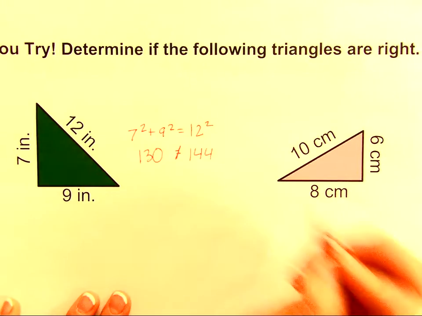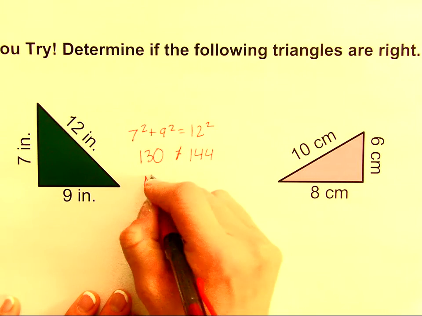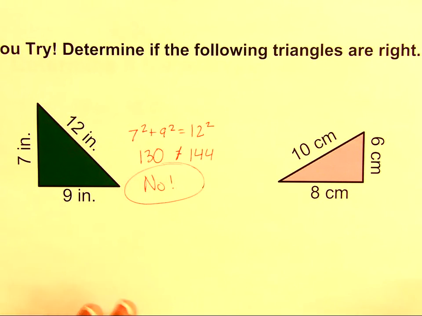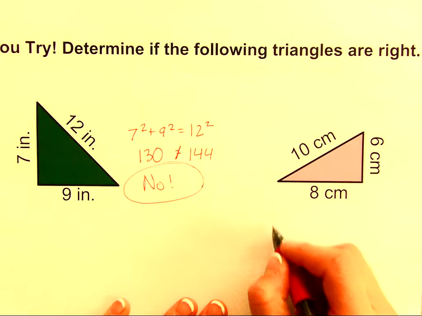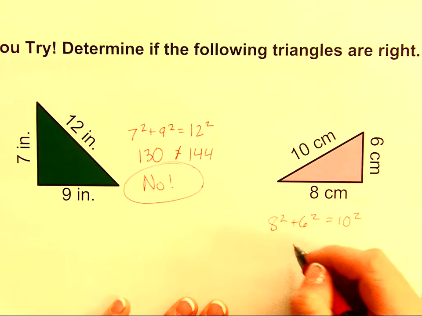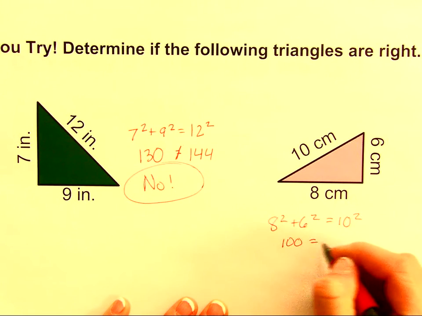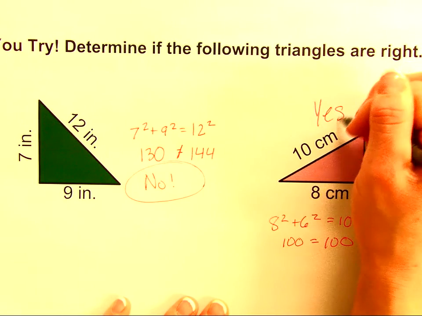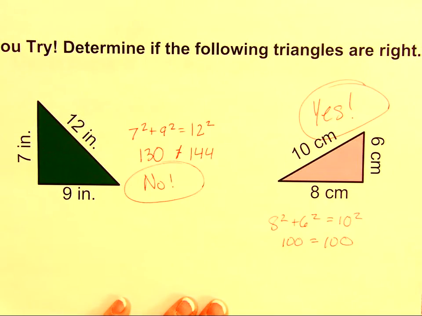Those do not equal each other, so this cannot be a right triangle. Okay, 8 squared plus 6 squared is equal to 10 squared. This side becomes 100. This side becomes 100. Those are equal. So yes, this one is a right triangle.